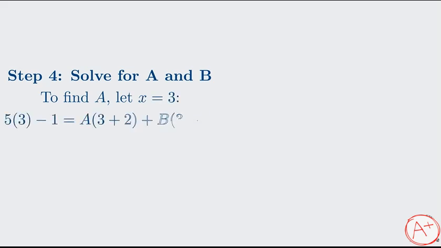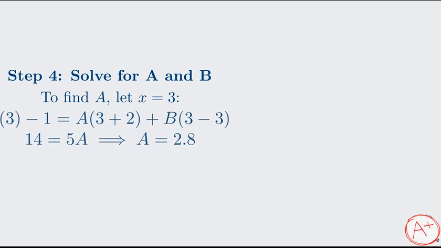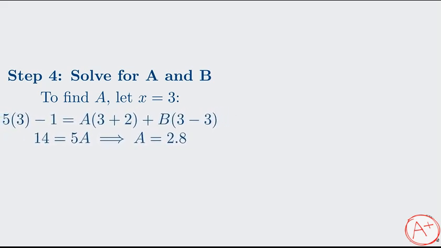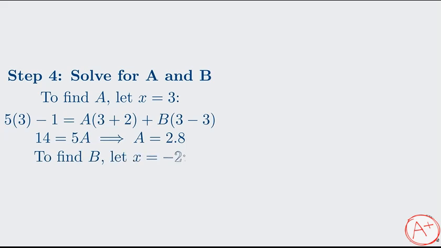Step 4. Solve for a and b. To find a, we choose a value for x that eliminates b. Let x equal 3. Substituting 3 into the identity gives 14 equals 5a. Thus, a equals 14 over 5, or 2.8. To find b, let x equal negative 2 to eliminate a.